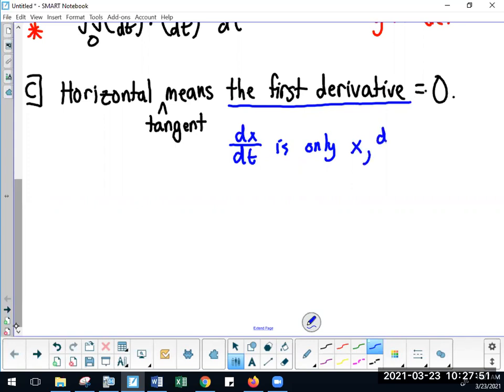Similarly, dy dt is only for y, the vertical. When we're talking about the first derivative being equal to 0, what we're talking about is the curve.